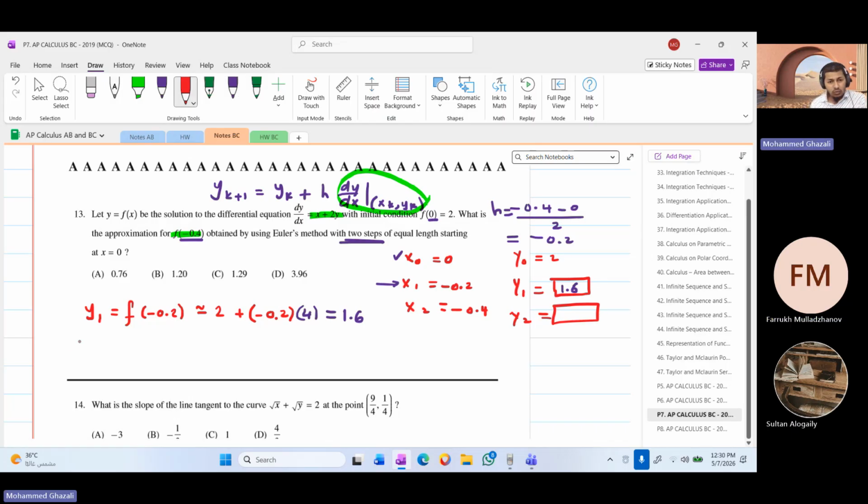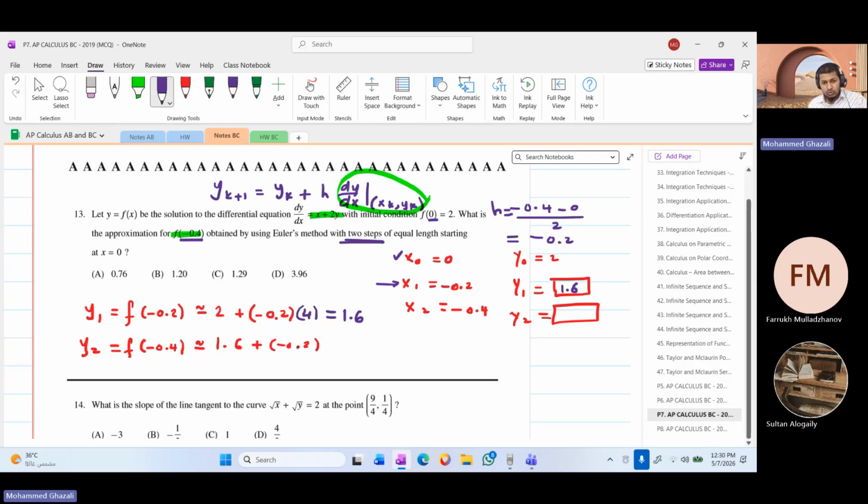Now we're going to use y2, which is f of negative 0.4. We're finding y2 evaluated at negative 0.4. What does the formula say? This is y2, right? So y1 is 1.6, plus the step size, which is still the same, negative 0.2.